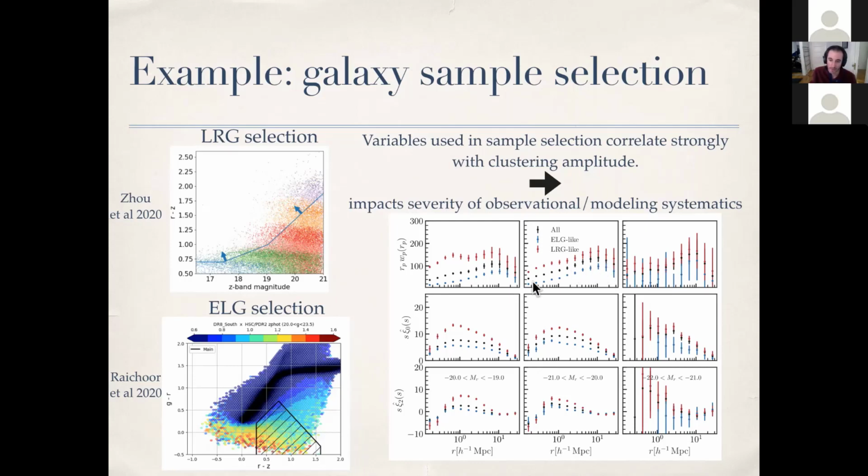The blue points here are something like this galaxy selection down here. The red points here are this very different color selection, this luminous red galaxy selection up here. And so you can see that the clustering amplitude that you measure depends very significantly on which type of galaxy you select. And this means that the selection that you make is going to impact the severity of observational and modeling systematics that you have to deal with.